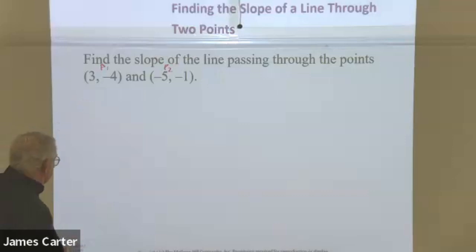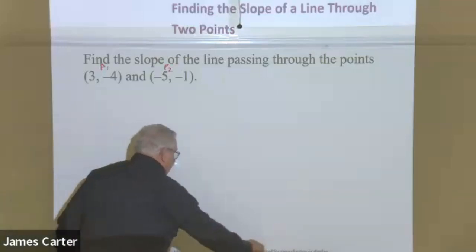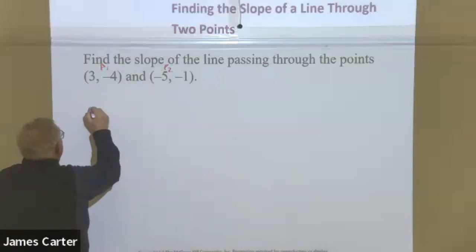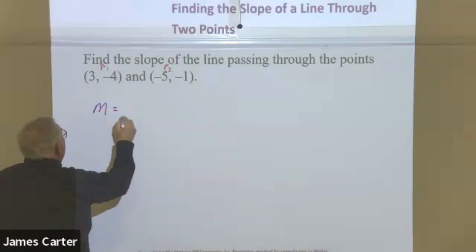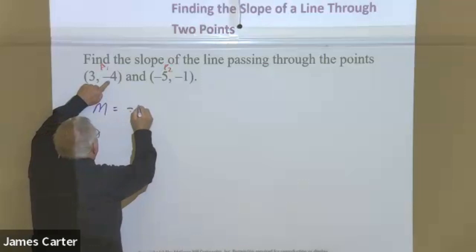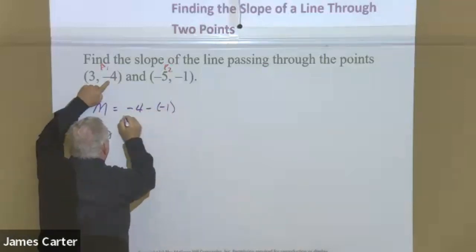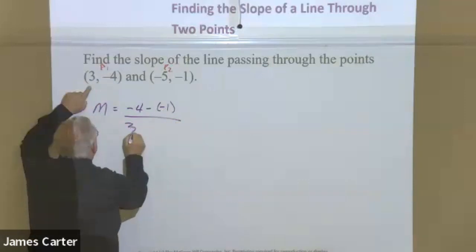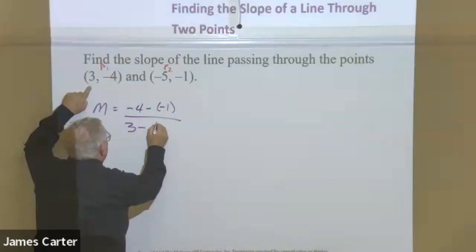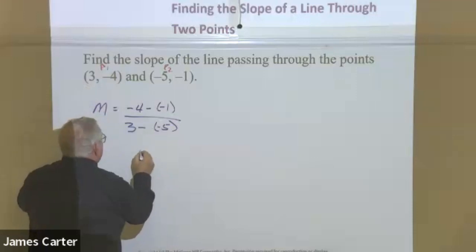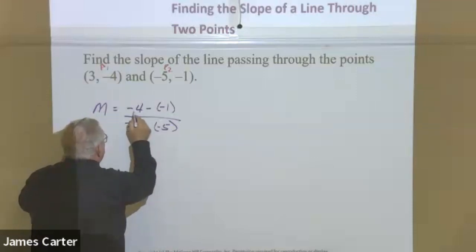What if we've got this? Well, let's just work it this way. In this case, for my slope, I'm going to have -4 minus -1 over 3 minus -5. Okay, that divides.